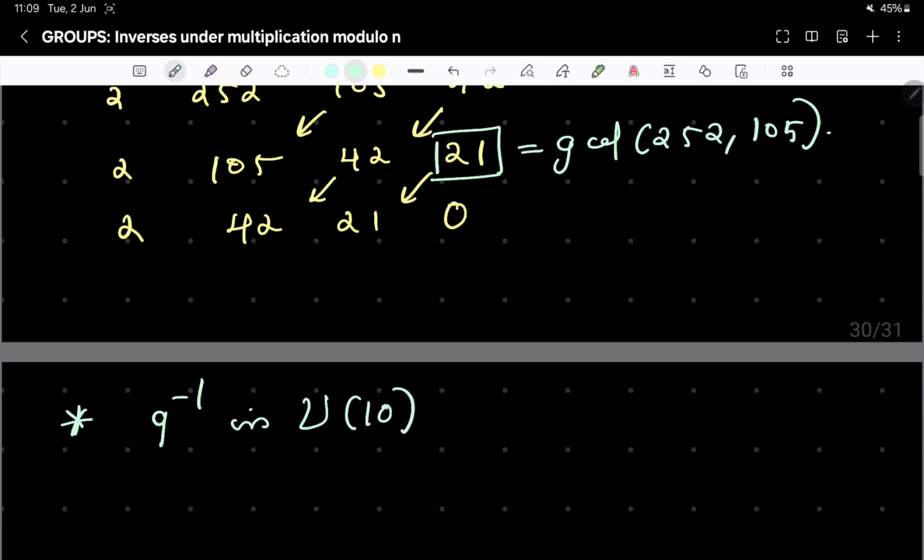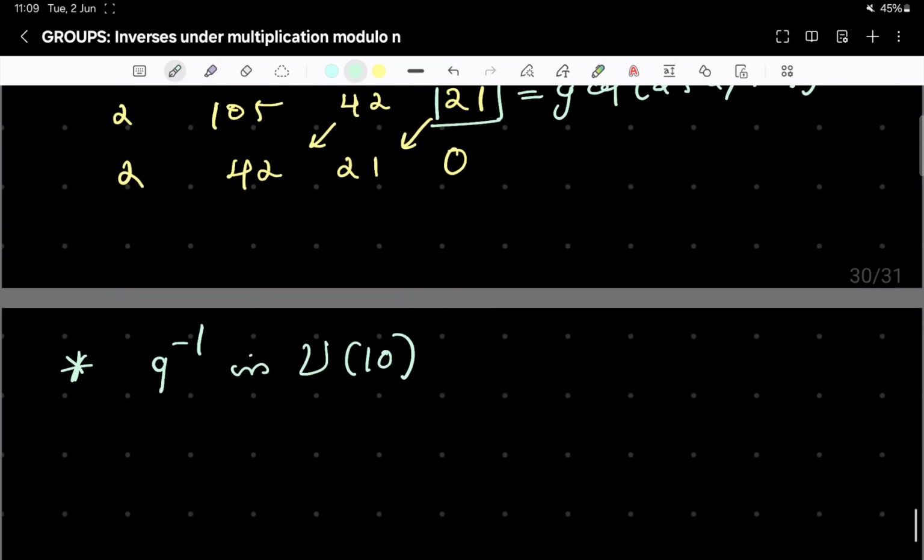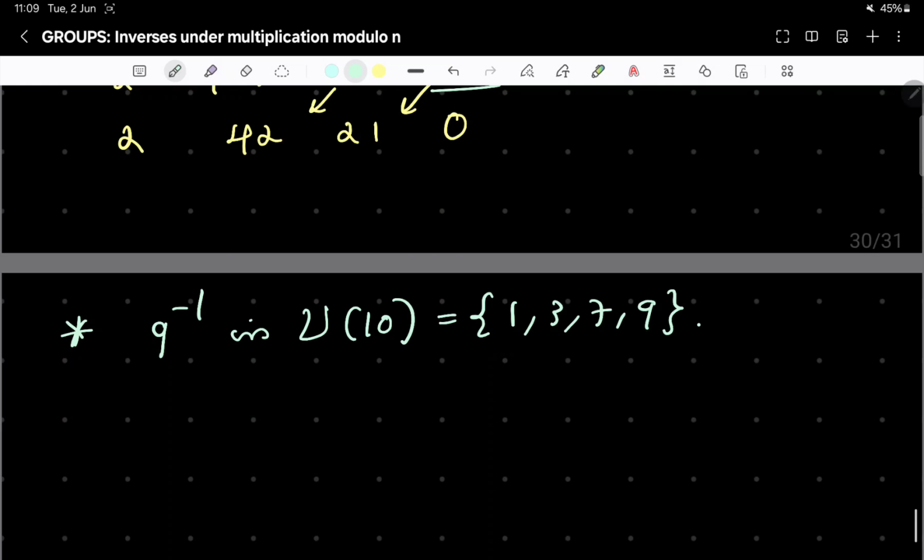You've seen that 9 inverse is 9 only in U10, right? If you revisit the last lecture you can see. So U10 contains how many elements? 1, 3, 7, 9. Okay, so the idea is, we know that GCD of 10 and 9 is equal to 1.